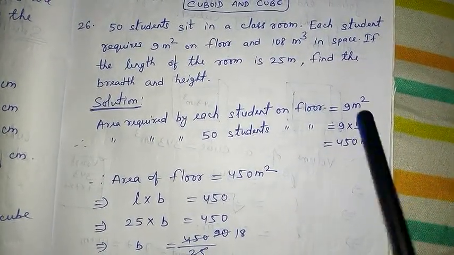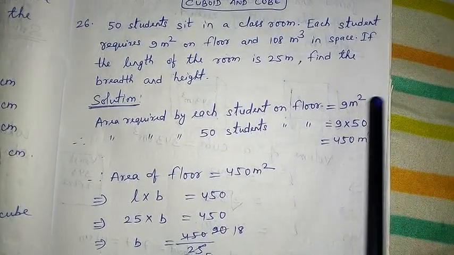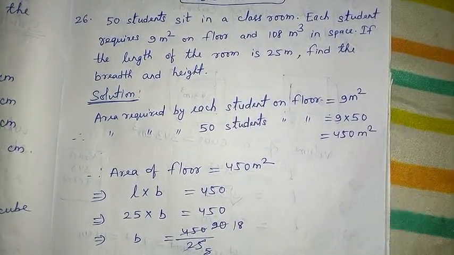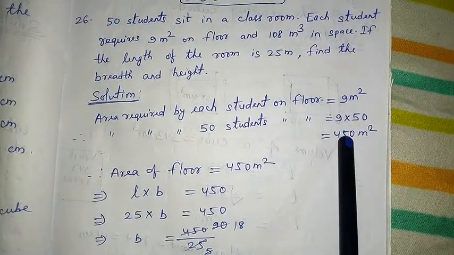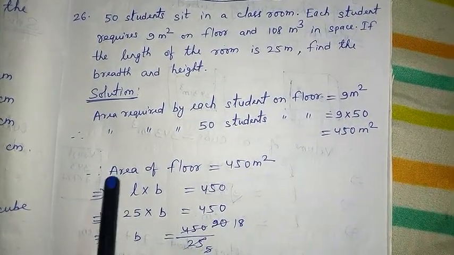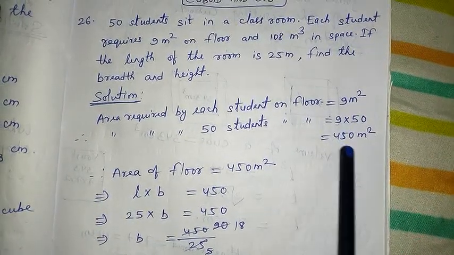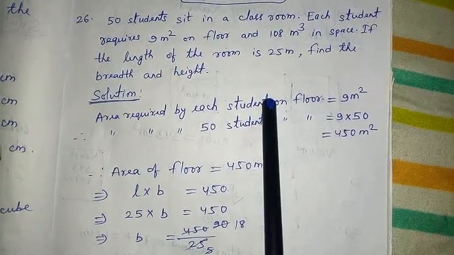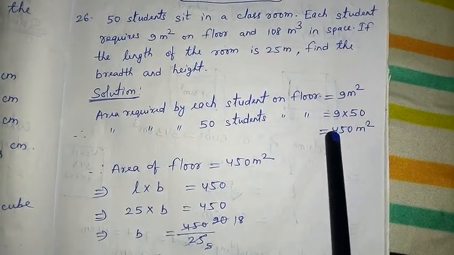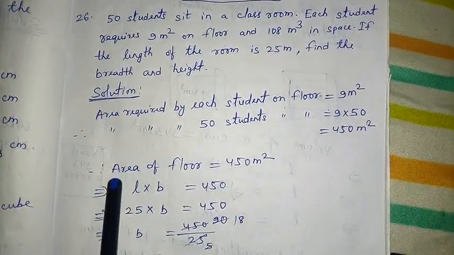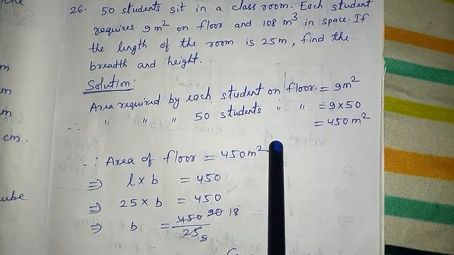Very simple. For one student it is 9 meter square, so for 50 it will be into 50. If you multiply these two values, it will be 450 meter square. This will be the area of the floor, because the students are on the floor. I can write: area of floor is 450 meter square.